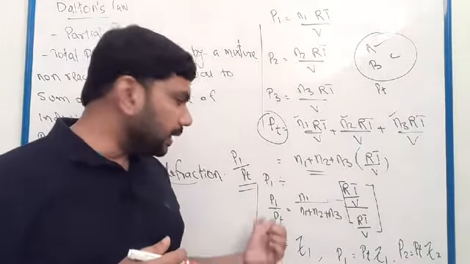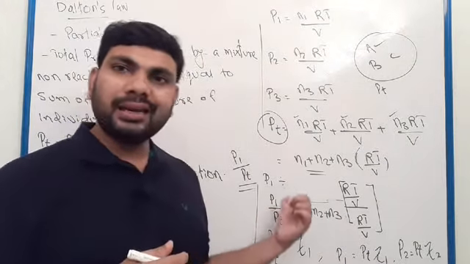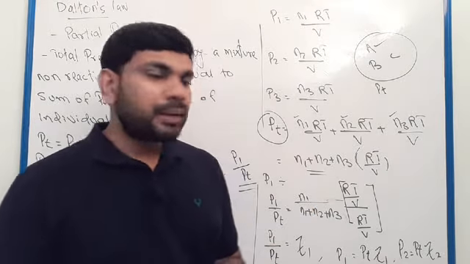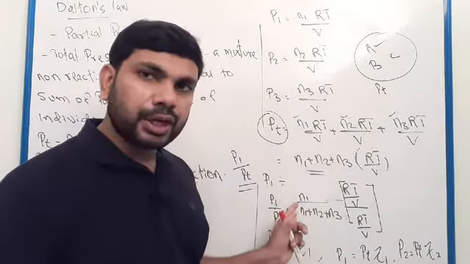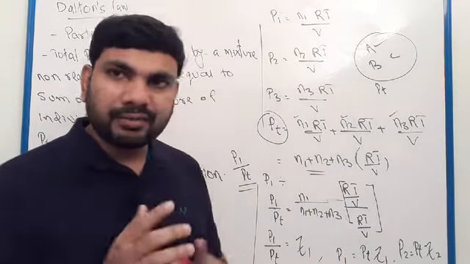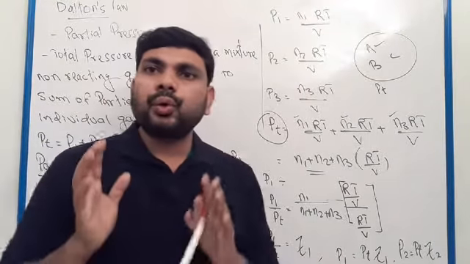P1 by PT equals n1 divided by n1 plus n2 plus n3. What is n1? The number of moles of the first component divided by the total number of moles of the components.